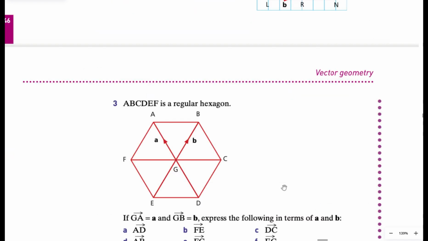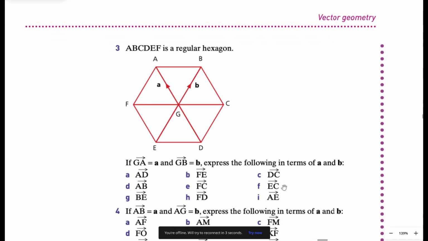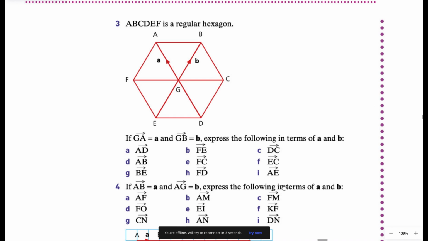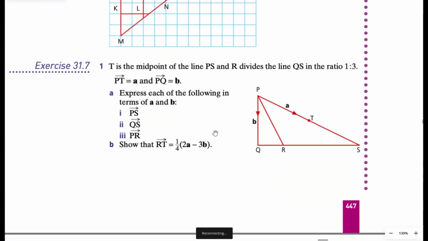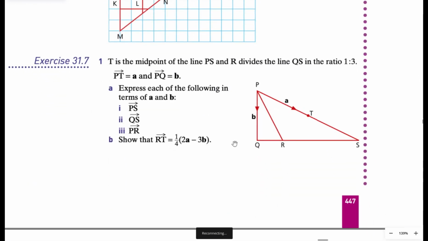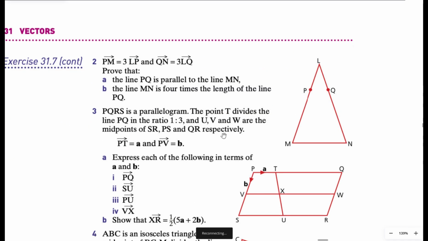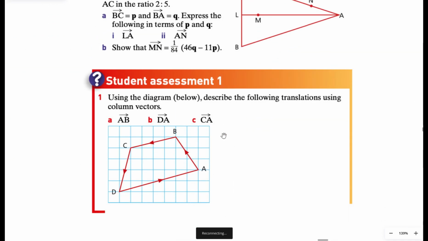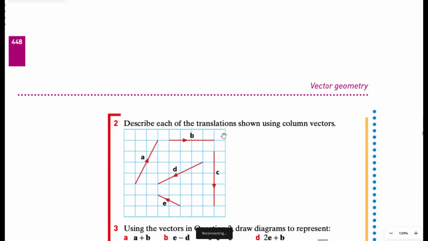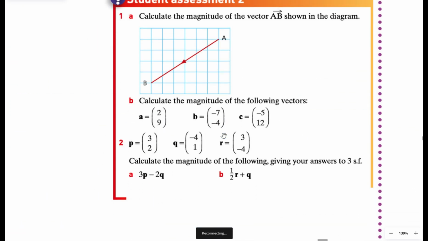Let's move on to the next one. You have a lot of questions to look into for vector geometry. This is the last one we're doing for today's session, and after that we will post a lot of questions for you to try.